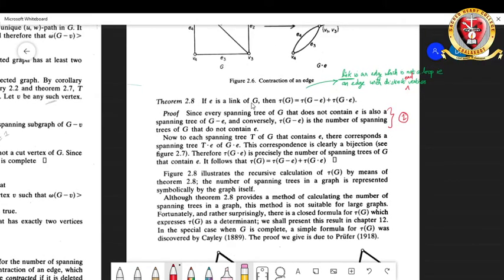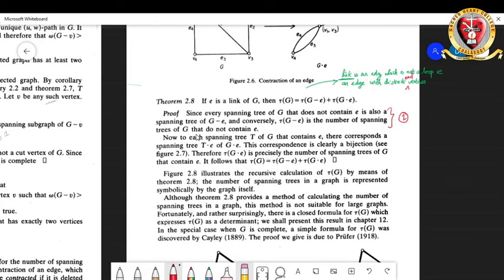Suppose E is a link of G. A link is nothing but an edge which is not a loop, that is, an edge which has distinct end vertices. If E is a link, then tau of G, the number of spanning trees of G, is equal to the number of spanning trees of G minus E plus the number of spanning trees of G dot E.